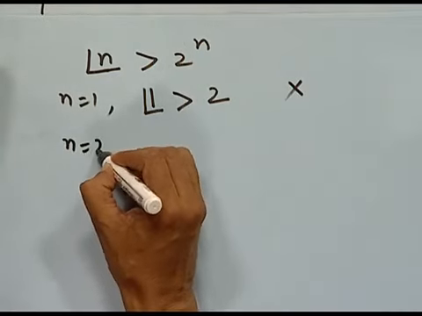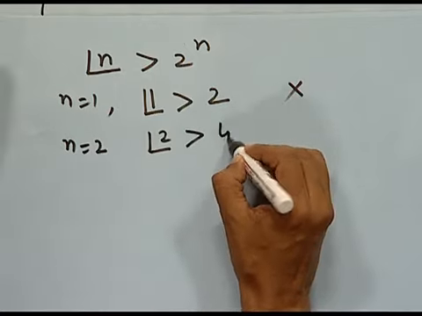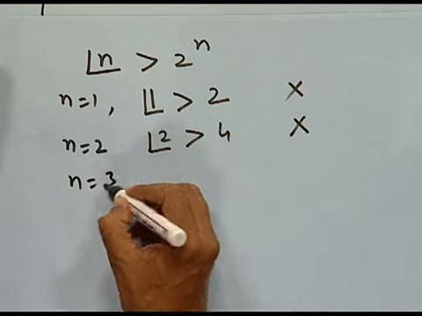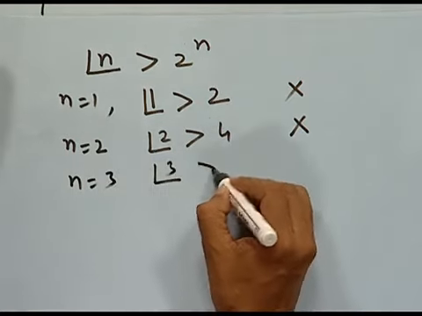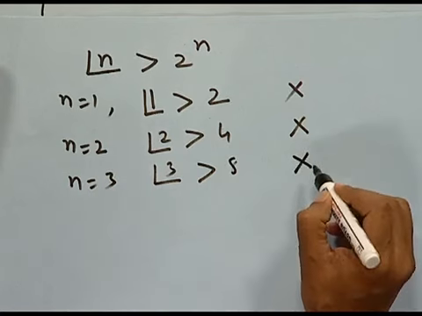Similarly, when you take n is equal to 2, we have factorial 2 more than 4, again not correct. N equal to 3, factorial 3 more than 8, again is not correct. However, from n equal to 4 onwards it is correct.